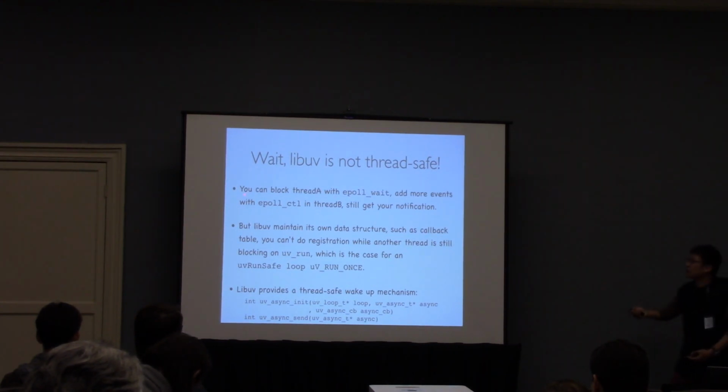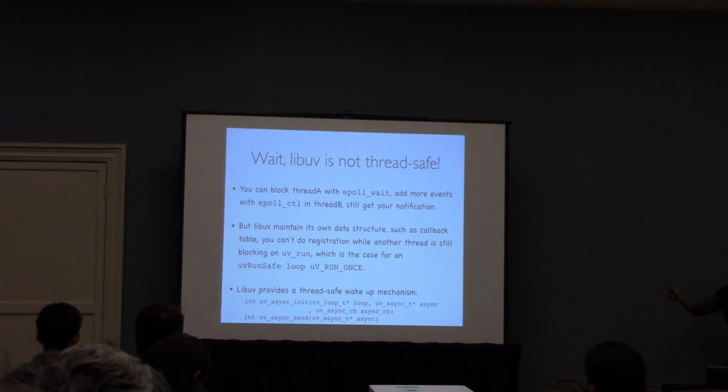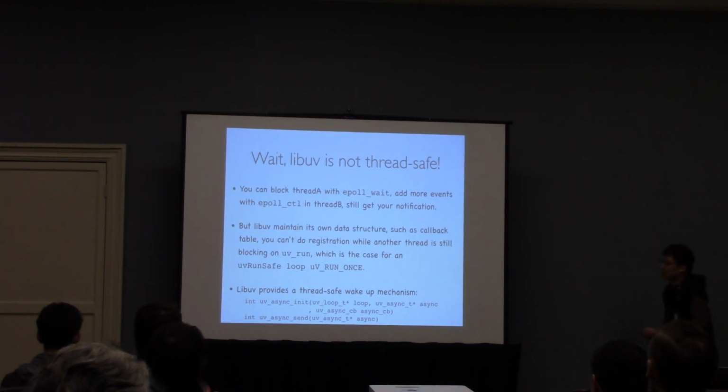But you cannot do this in libuv, because libuv maintains some internal state. If you do that, you will mess up its internal state and you cannot get your notification, and worse, you may crash it. So you have to find a way to make the event registration sequential. So how do we do that?